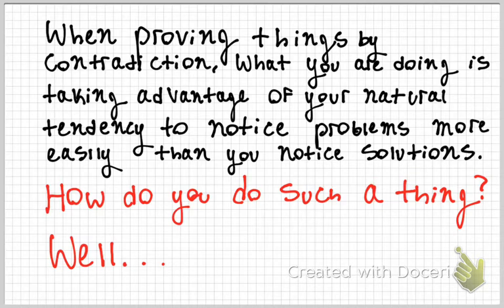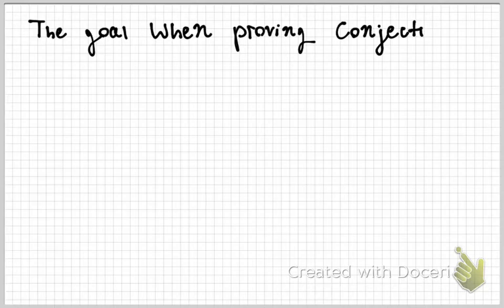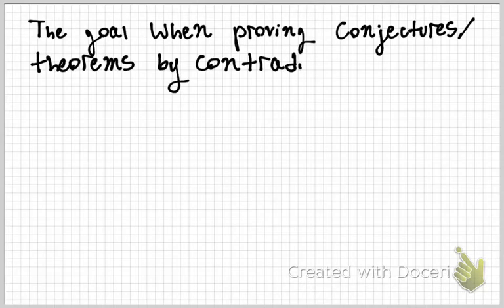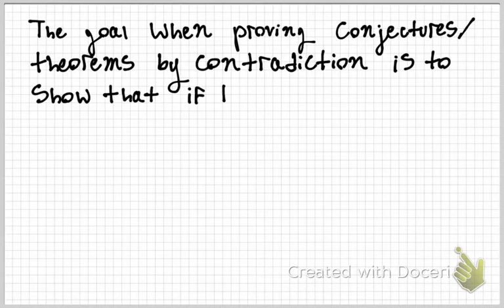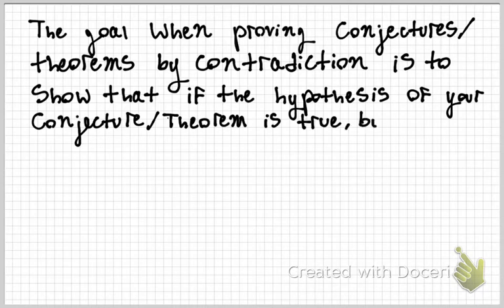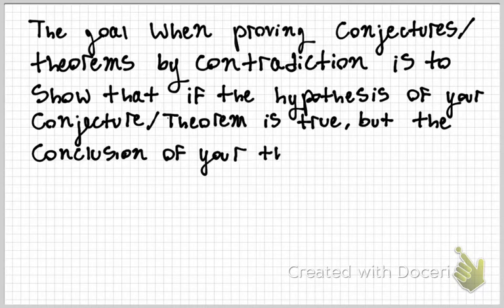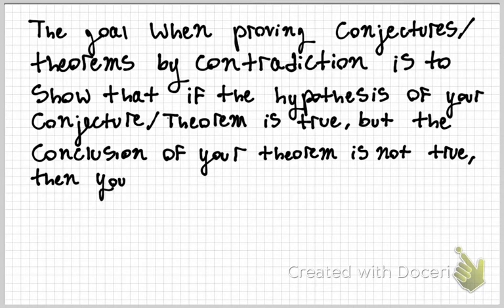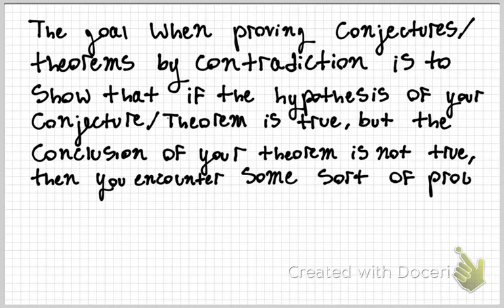All right. So how do you do such a thing? How do you use your natural tendency of noticing problems to help you in a mathematical proof? The goal when proving conjectures or theorems by contradiction is to show that if the hypothesis of your conjecture or theorem is true, but the conclusion is not true, then you encounter some sort of problem.